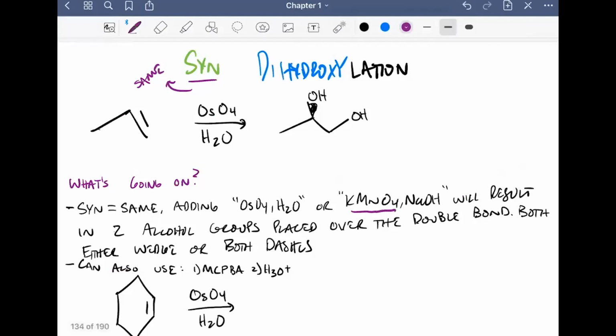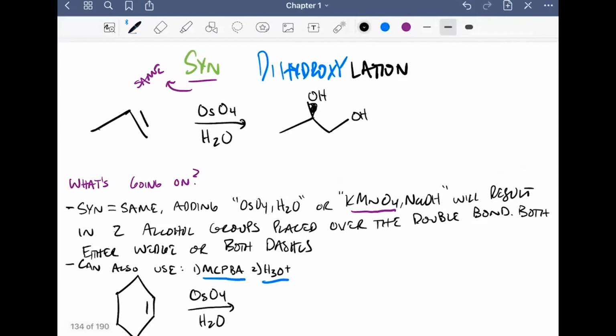And you can also use, and you guys are really going to get into this when you talk about the alcohol chapter. I know we're adding alcohols, but when you really get into the alcohol chapter, you're going to be dealing with this MCPBA that's used for epoxides. But if you add H3O plus, you can make what we made with our OsO4, H2O as well.